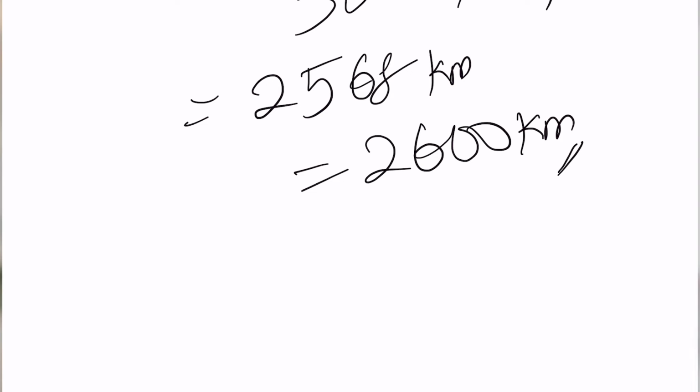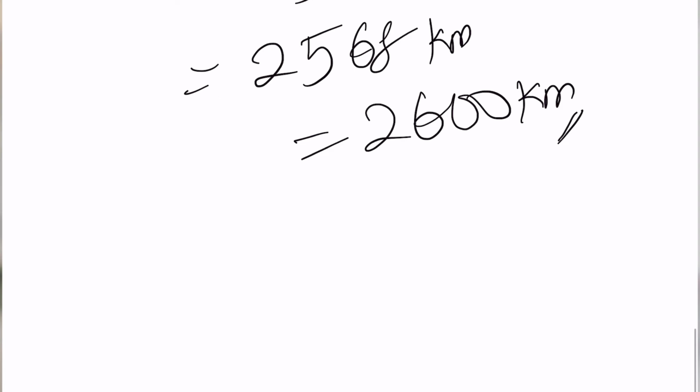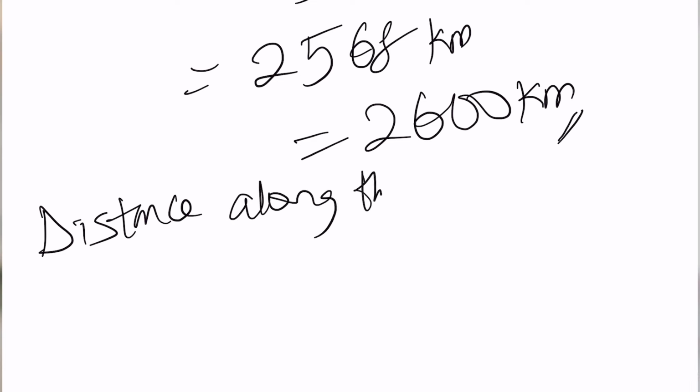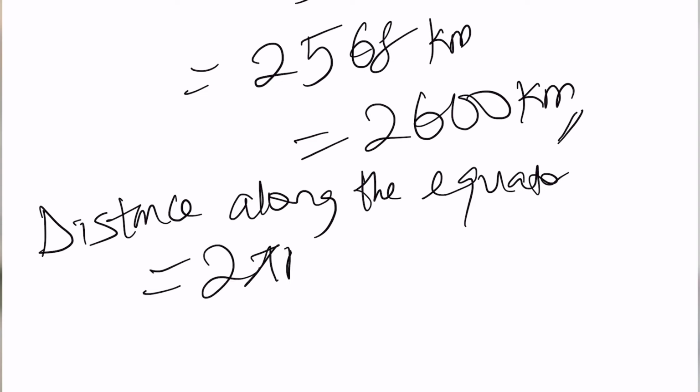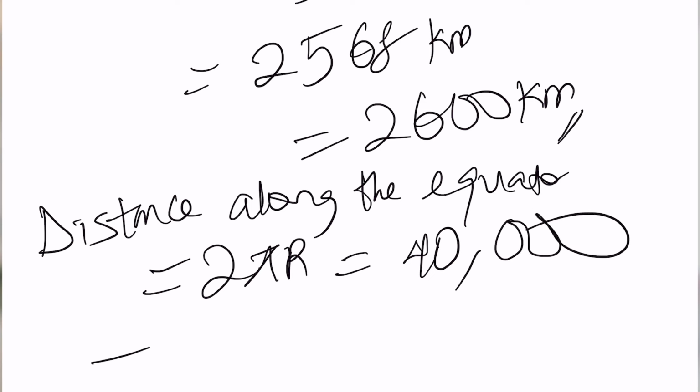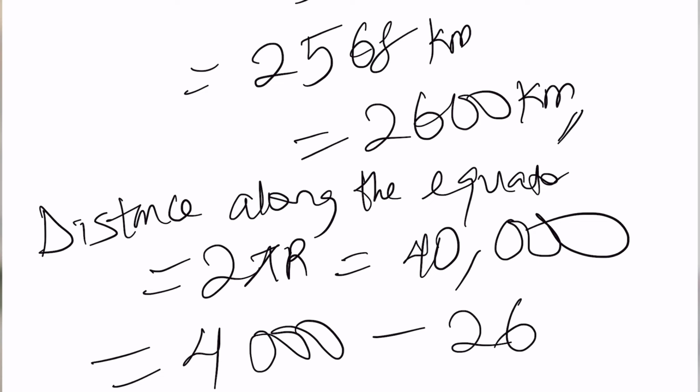Now, to find the original distance along the equator, the distance along the equator will now be our 2 pi r, which is 40,000, minus 2,600.